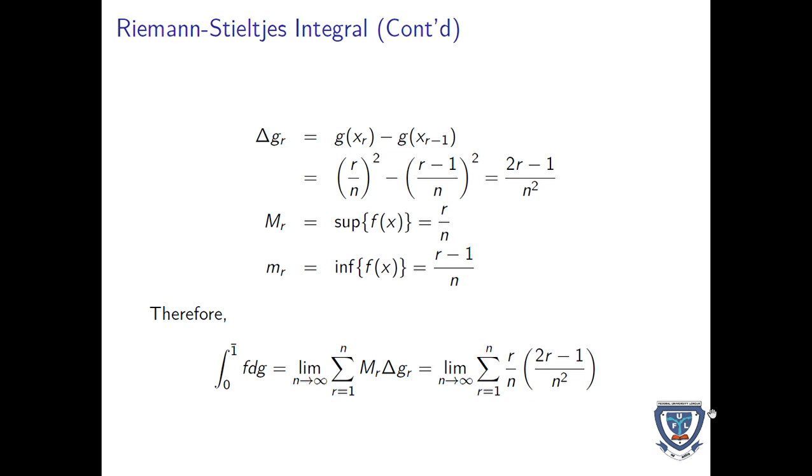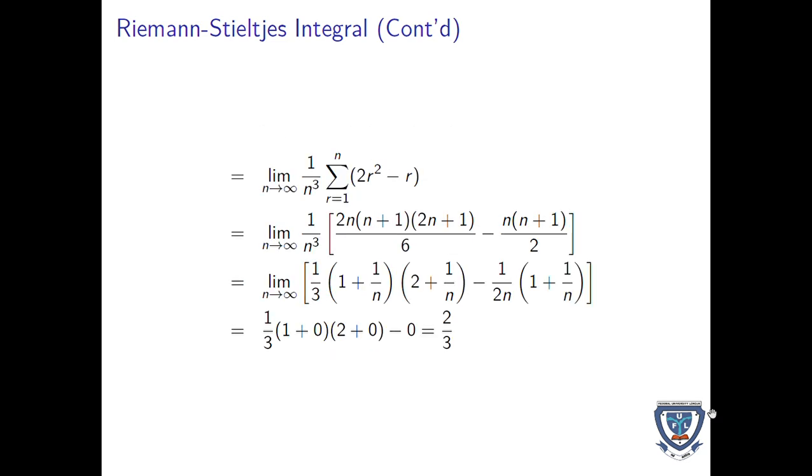Therefore, the upper double sum, the integral from 0 to 1 with the bar, is the limit as n goes to infinity of the summation of capital M_r times the difference of g_r. That is the summation of r over n times (2r minus 1) over n squared.